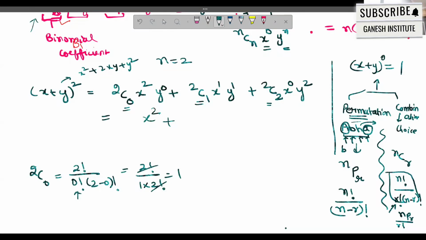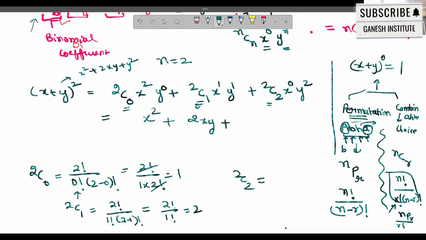Now tell me the value of 2C1. So 2C1 is equal to 2. Correct. So this has become 2xy.